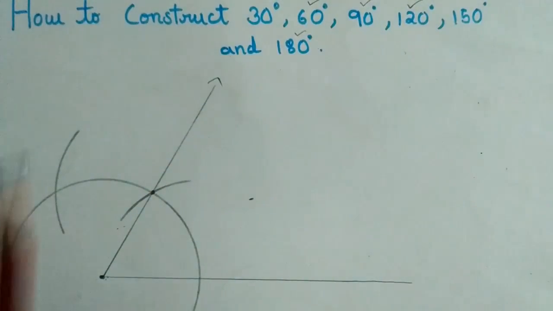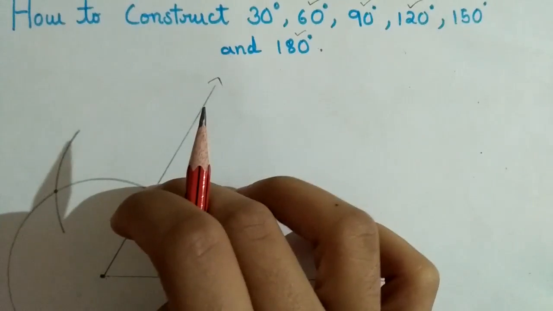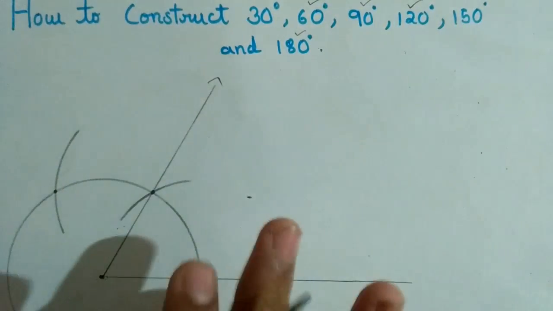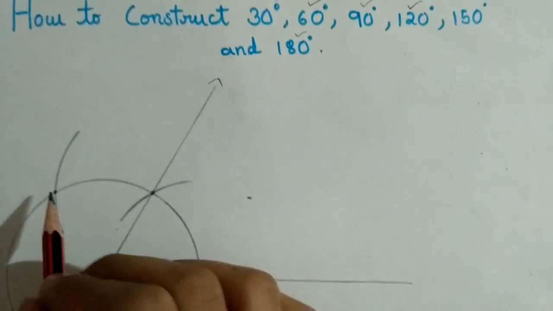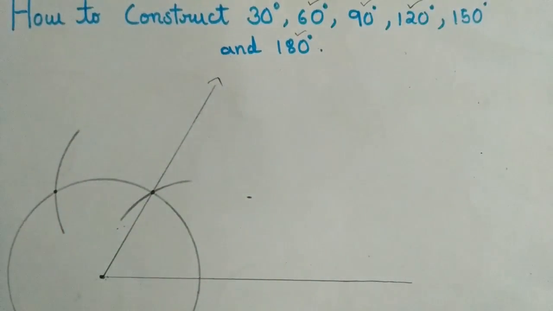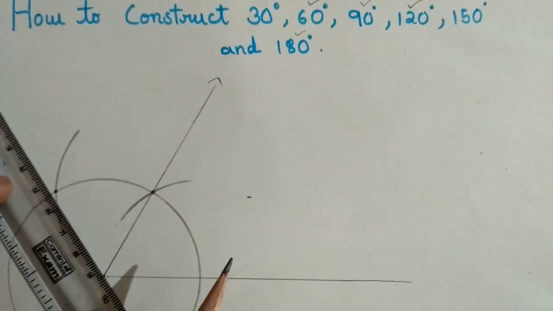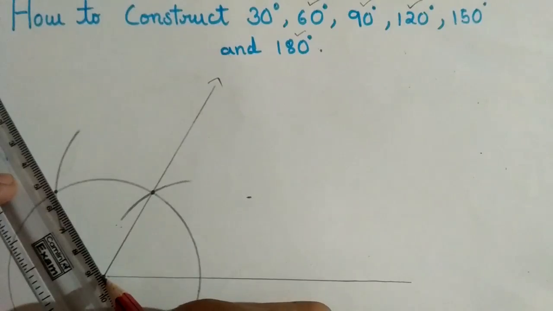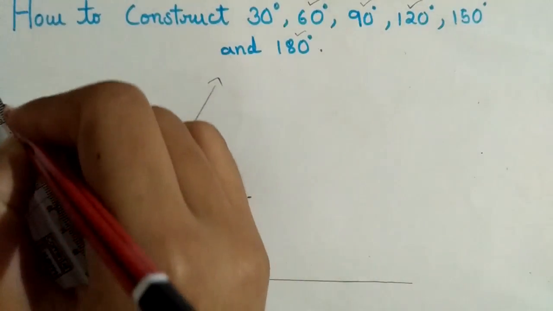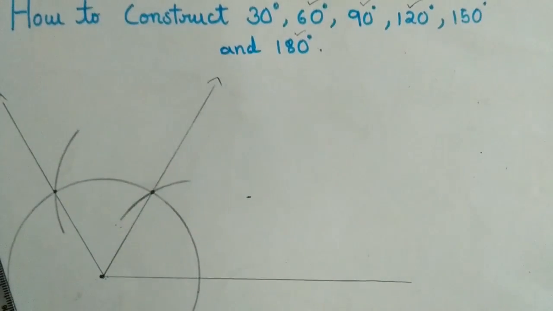This point you got is the 120 degree, because this is the 60 and we have not disturbed the compass and have drawn another arc. So this will be 120, as 60 into 2 is 120. Now you draw any line here, and the angle you get is the 120 degree. So this big angle you got is 120 degree.